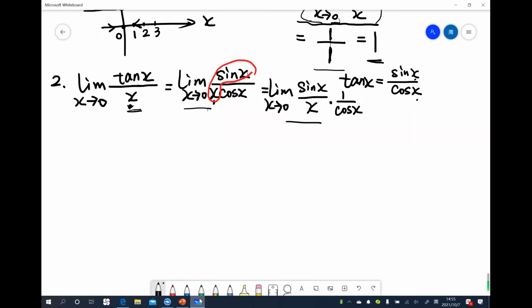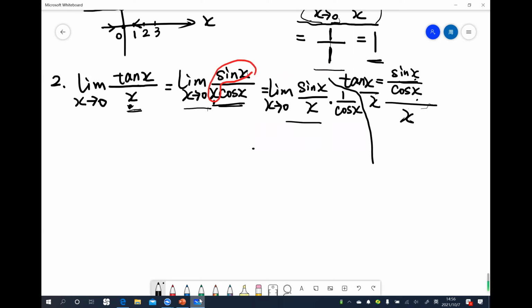I thought you would rewrite it as sine x divided by cosine x, and then divided by x. Yes, and I can also write it like this, right? They are the same. Okay, Laoshi.